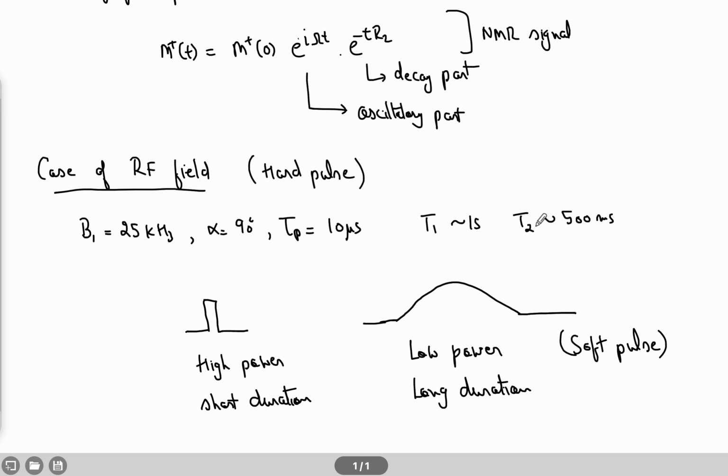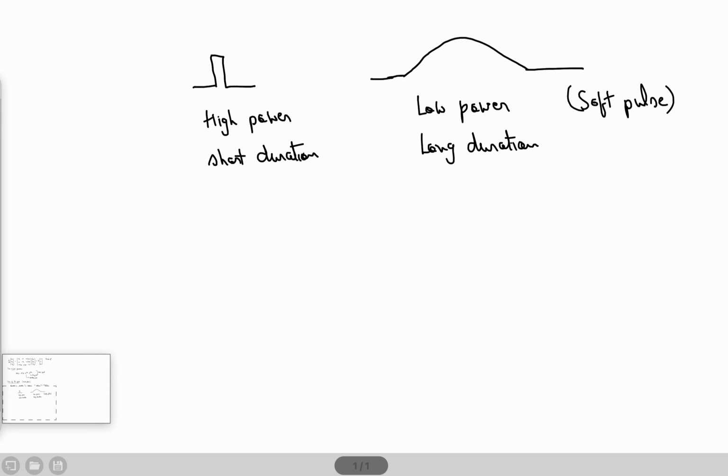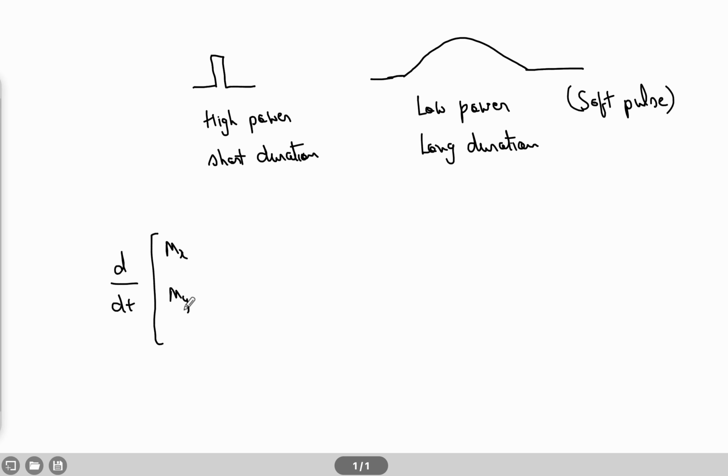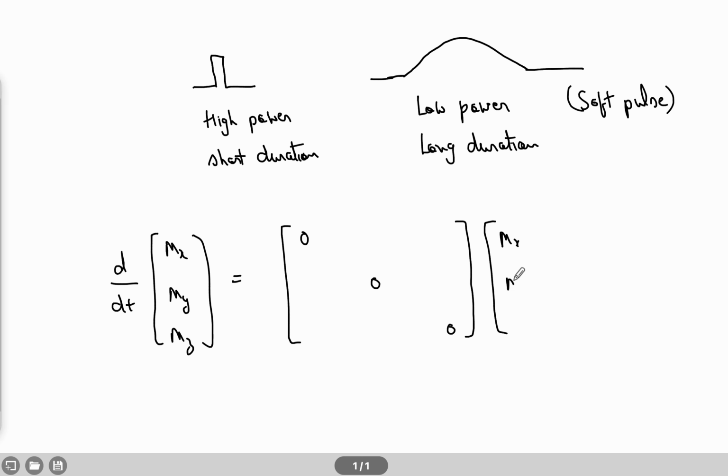that the effect of relaxation can be ignored, and thus the modified Bloch equations can be written as d by dt of Mx, My, Mz, and you will have 0 on the diagonals, times Mx, My, Mz, and plus the other term is also 0, which was R1 into 0, 0, M0.